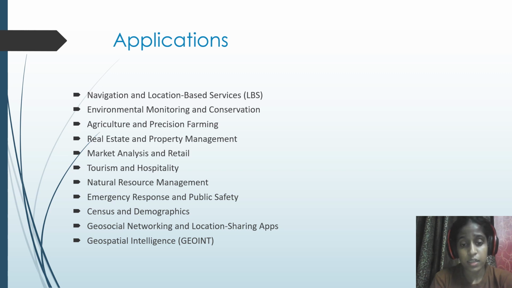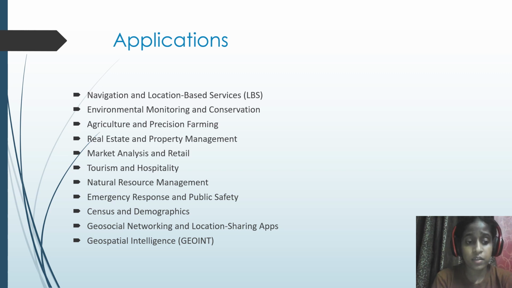Geosocial networking and location sharing apps. It is also used to tag posts and photos with users' geographic location, which is possible with the help of geosocial networking. And lastly, it is geospatial intelligence.